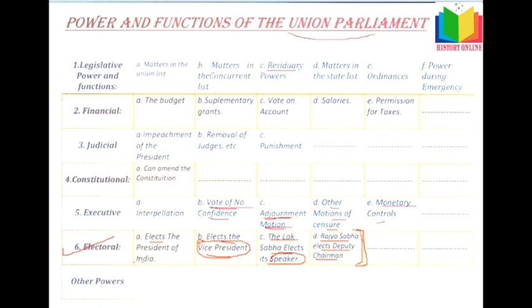It can also form a new state by merging the territories of existing states or by separating a part of a territory from a state. It makes laws regarding the composition, jurisdiction and powers of the Supreme Court. The Parliament may establish a common high court for 2 or more states. So all these are the powers and functions of the Union Parliament.